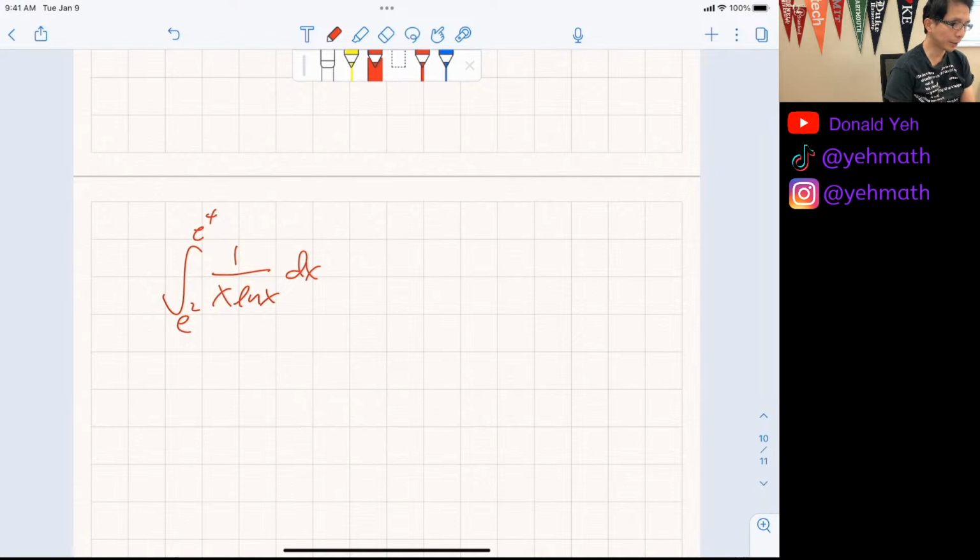If you do it correctly, you should get a very nice answer. The ln of e to the second is a 2. Or is it? I don't know what your final answer is. I'm asking so that I could do the bounds. Ln of e to the second, is that 2? Yes, okay. 2.